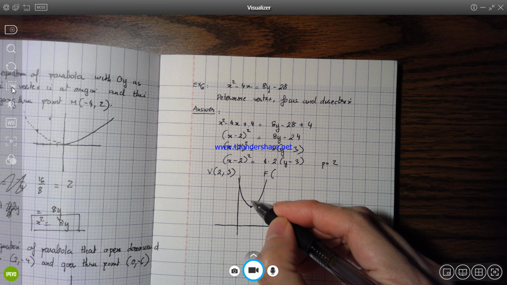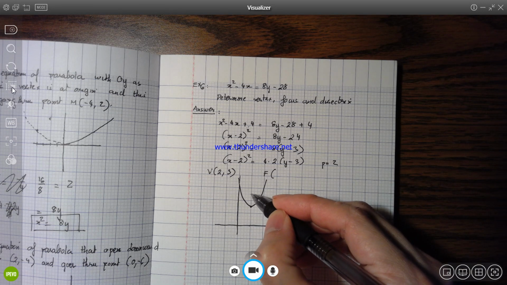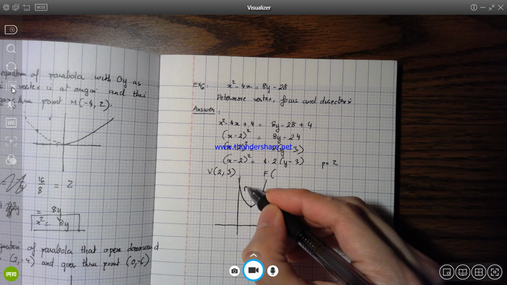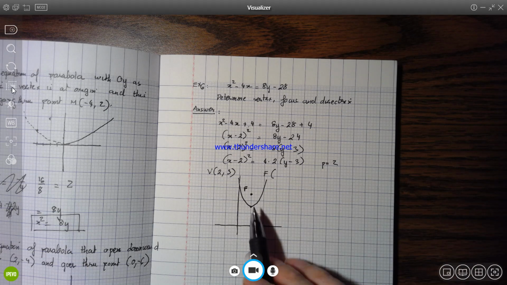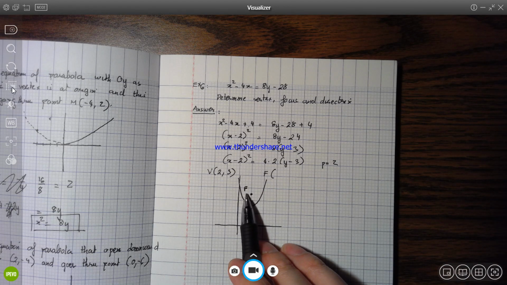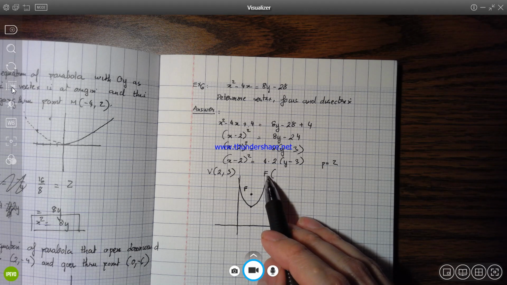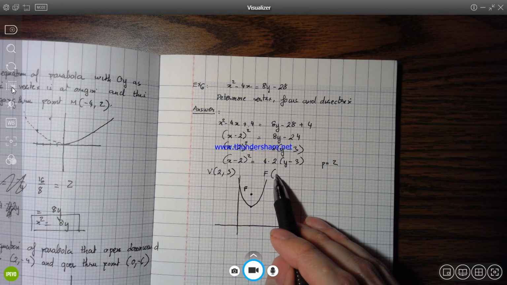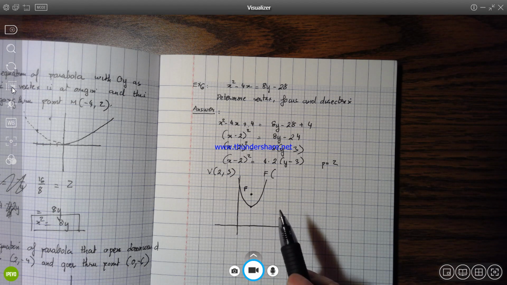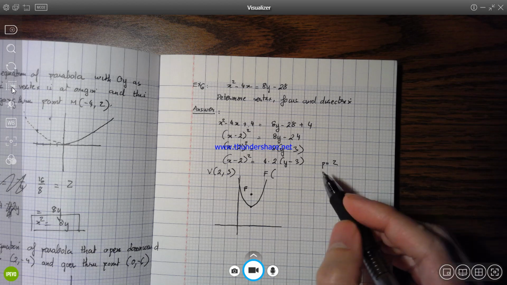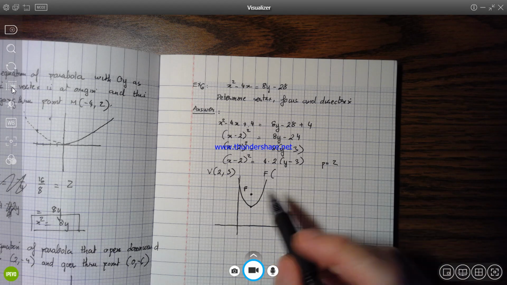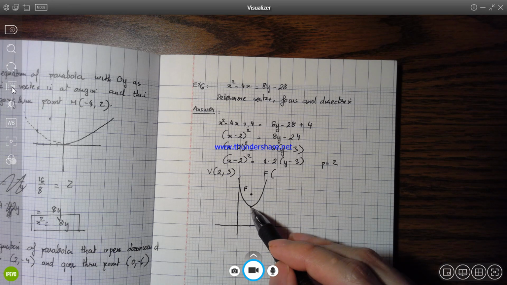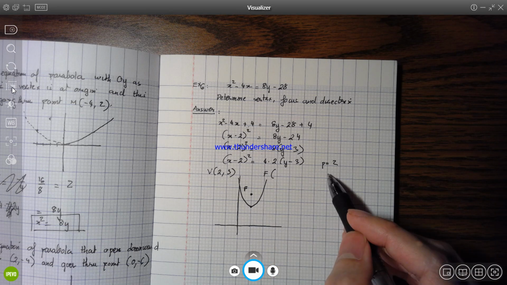So the F must be right over here. If you write the coordinate of F as 0 and 2, then you got it wrong right away, because the vertex is not 0 and 0 anymore. Over here we just know the distance between the vertex and F is 2.